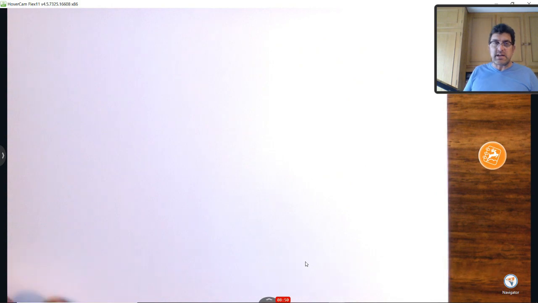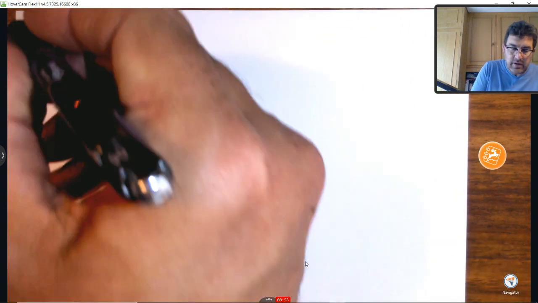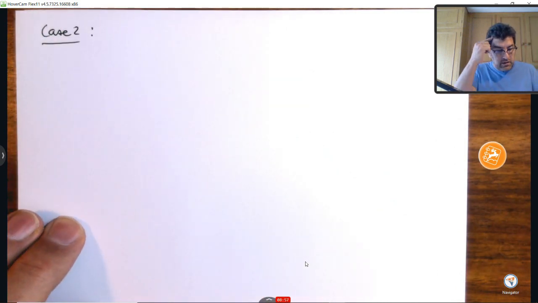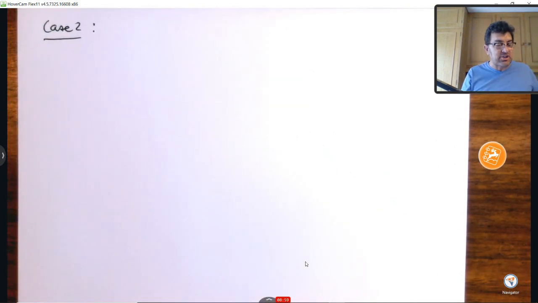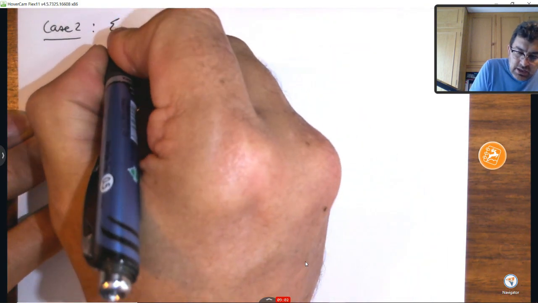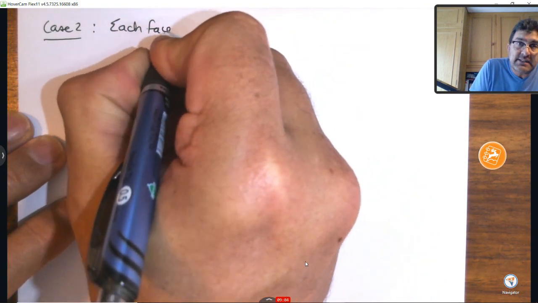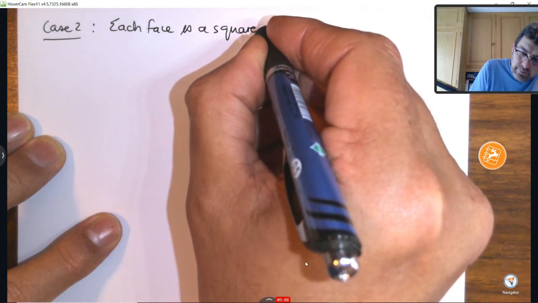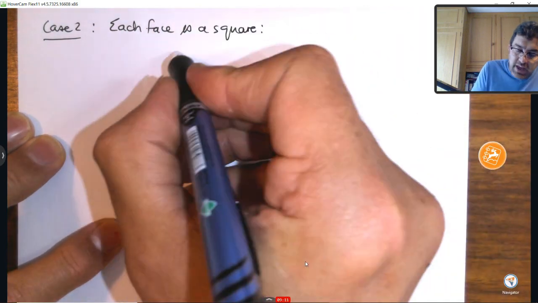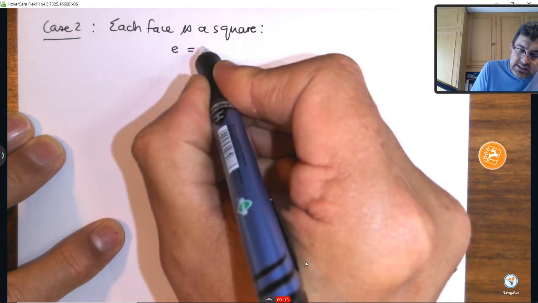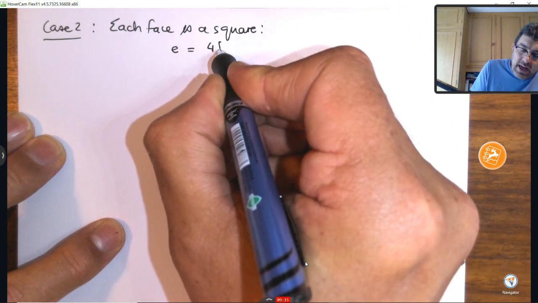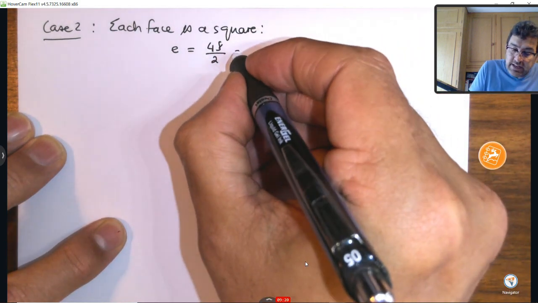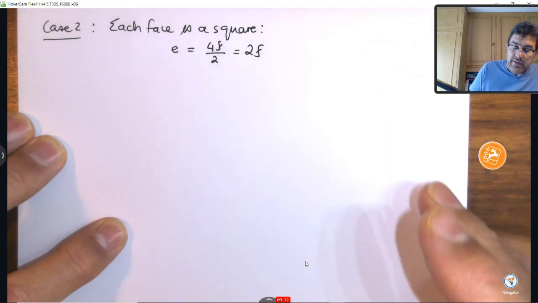Okay, let's look at case number 2. Case 2, we're going to look, instead of a triangle, we're going to be using a square. So each face is a square. Okay, so what do we have? We have the number of edges being 4f divided by 2. Okay, so that gives me 2f.